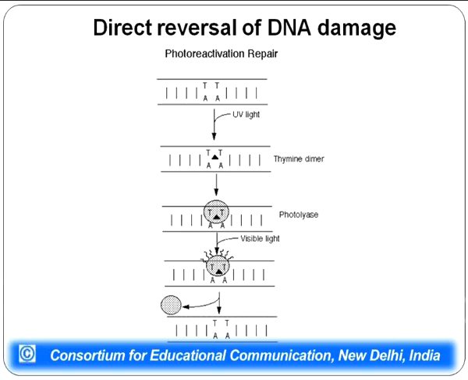But this occurs in the presence of visible light only, and it is also termed photoreactivation repair. So, it does not require any serious changes to the DNA, it only requires the presence of light and the photolyase enzyme which will be converting dimers back to monomers.